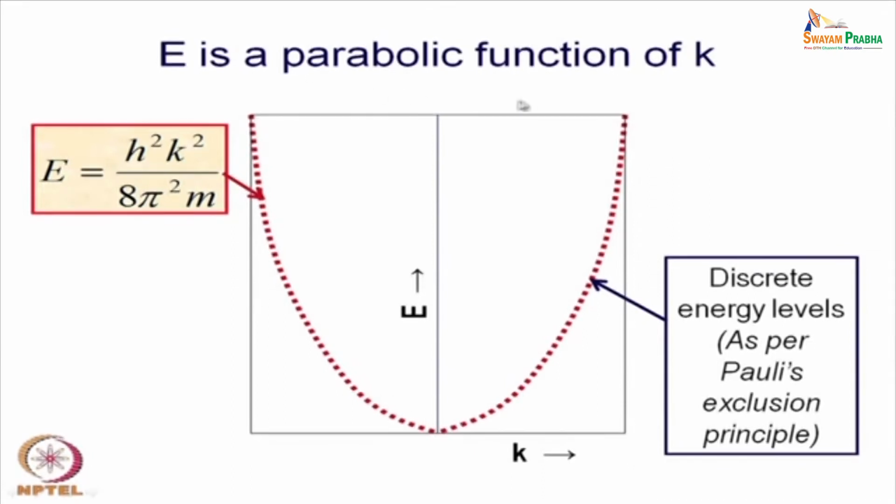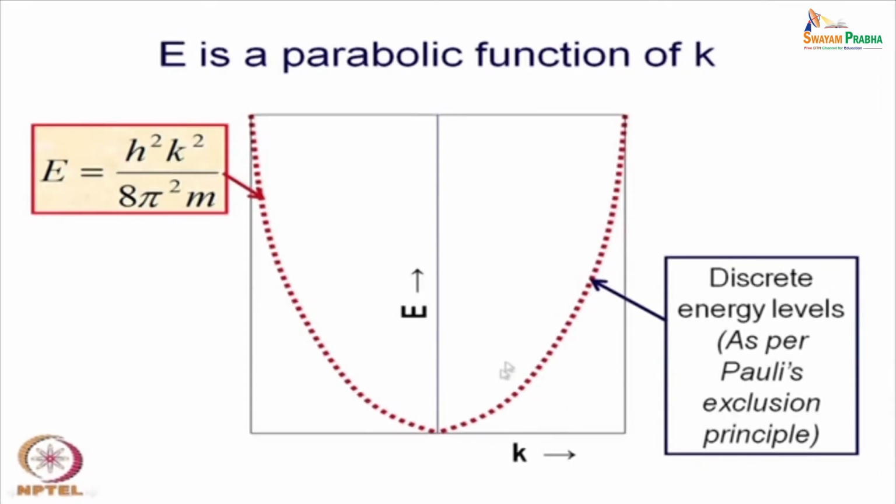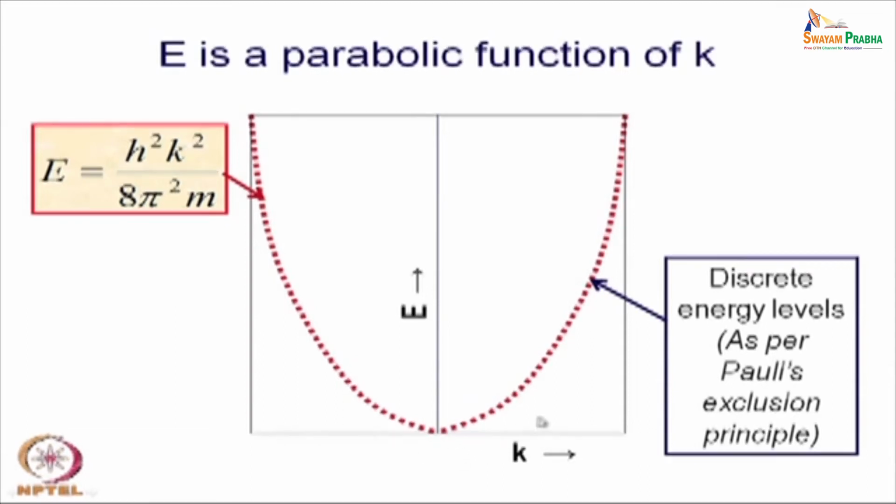E is a parabolic function of k. This is the energy of the free electrons, not all the electrons, but only the free electrons, and as k increases, the energy also increases.